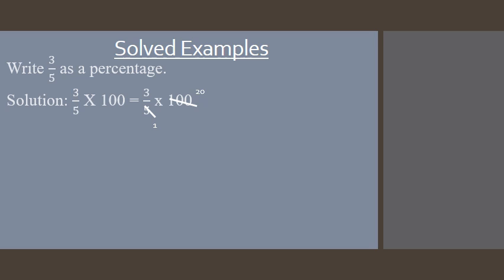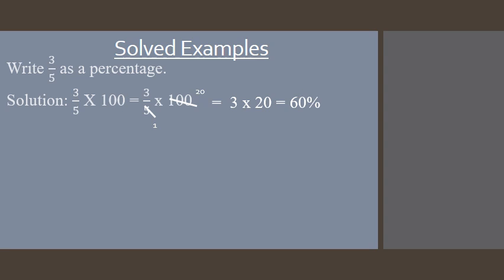Means 100 divided by 5 is equal to 20. So now what is left in the numerator? It is 3 multiplied by 20, and in the denominator it is 1. So no need to write 1. We will simply write 3 multiplied by 20, and this is equal to 60%. So children, 3 by 5 is equal to 60%.